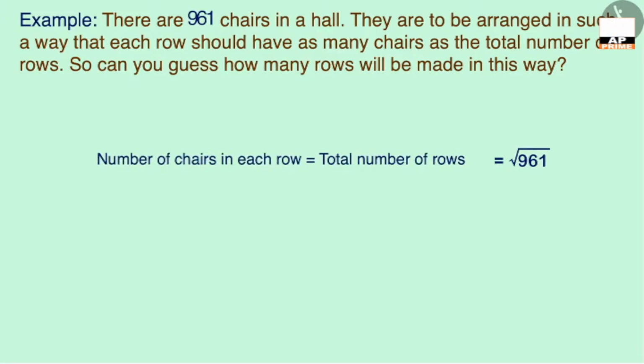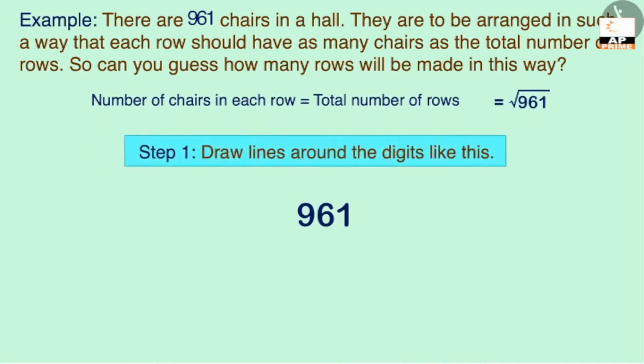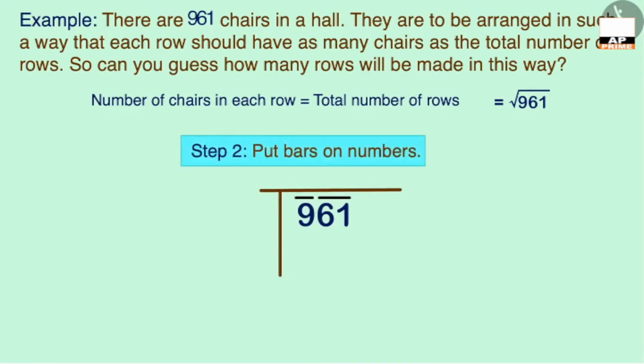Let us find the square root of 961 using the division method. First of all, we will draw lines like this around the number 961 and then put bars on it. The number of digits in this number is odd, so there will be only one digit below the leftmost bar.